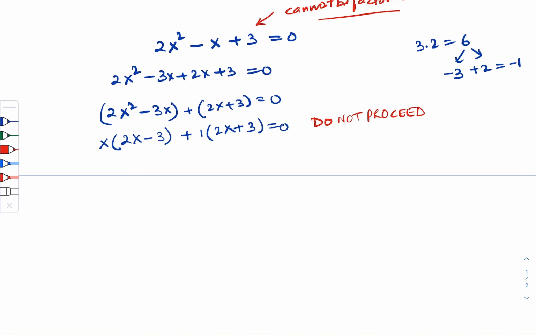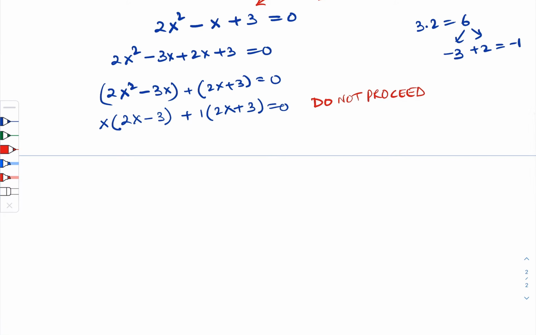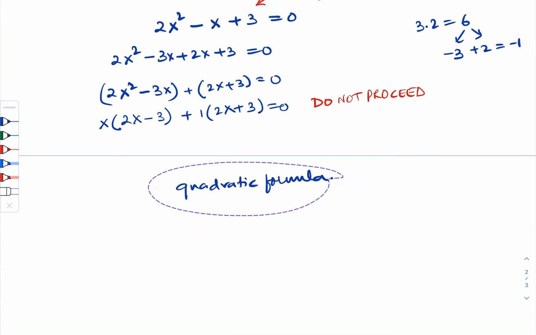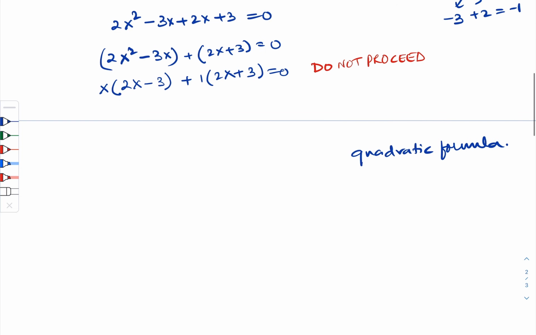Okay, but just because it cannot be factored doesn't mean you cannot solve for x. So if it cannot be factored, you have to use something called the quadratic formula to solve it. Quadratic formula, and I'm going to go ahead and push this out to the side out here and write it in green. Change that to green.